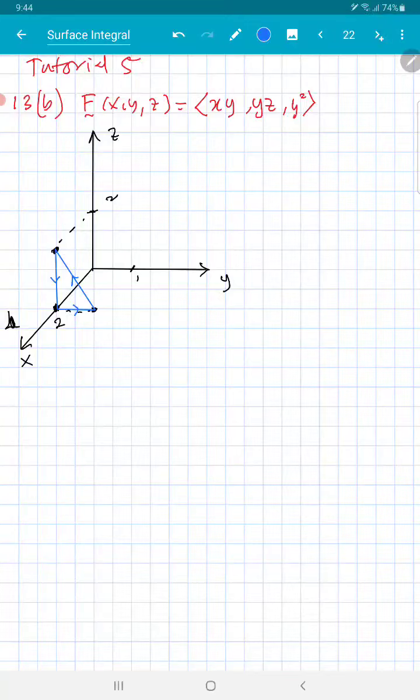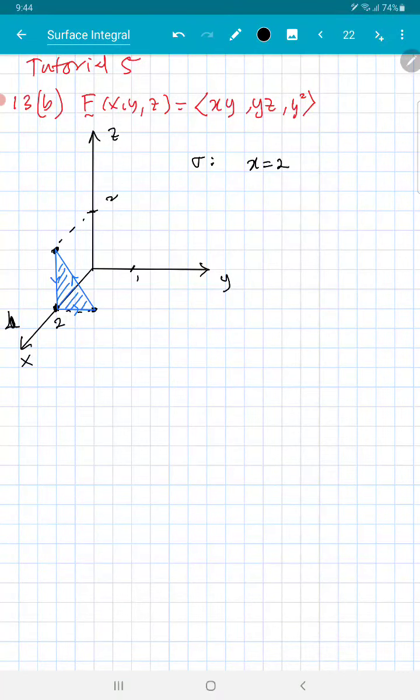You can see that the closed curve C is the boundary of an open surface, which is a vertical plane, x equals 2.